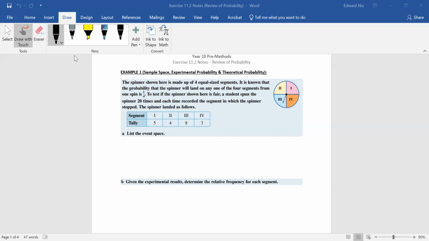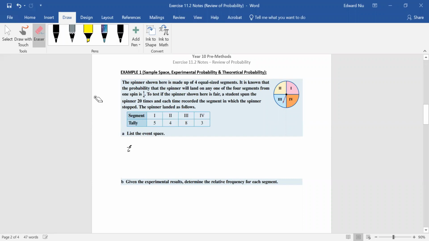So sample space, what we can do is, just trying to think what other ways we can do sample space.